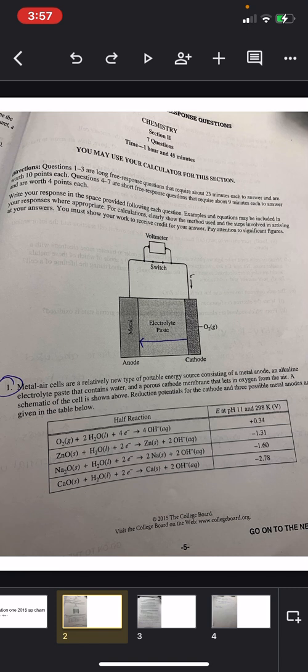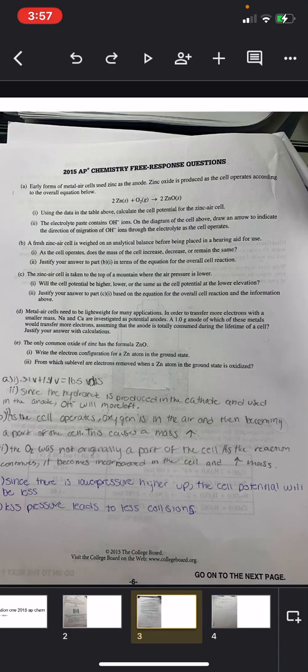But you would also have to multiply that reaction by 2 because the electrons being transferred are not equivalent. So when you add 0.34 to 1.31, the total voltage would be 1.65 volts.